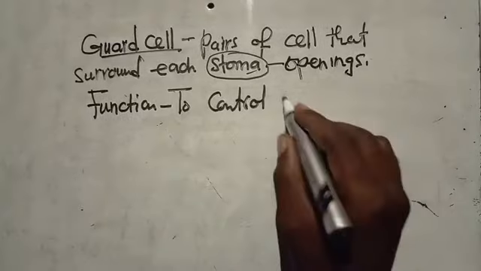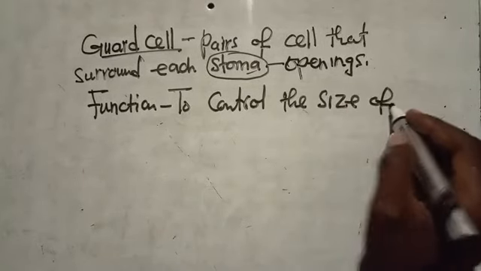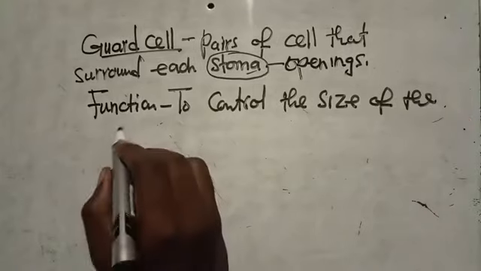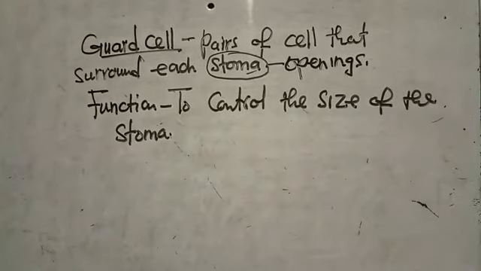They get to control the size of the stoma. This is what you are supposed to know and understand. One of their adaptations is that their cell walls are thicker around the stoma than anywhere else.